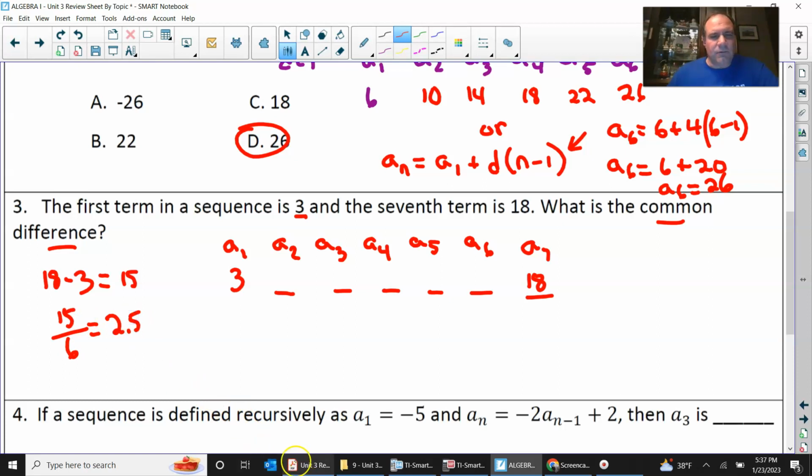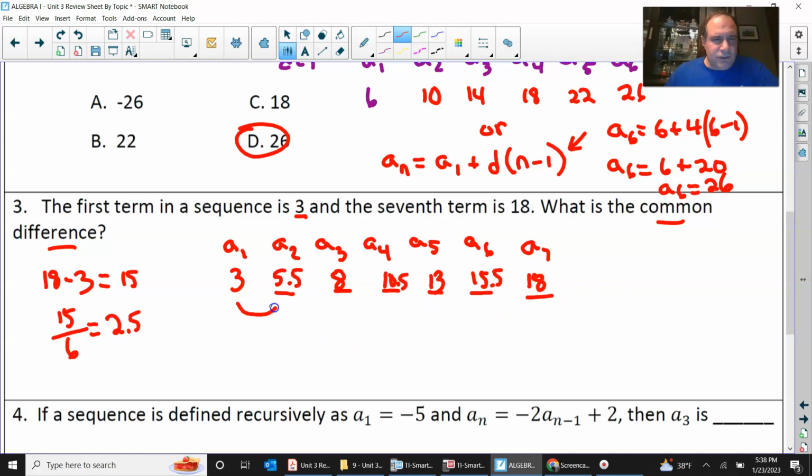If that kind of works out, 3 plus 2.5 is 5.5, then 8, 10.5, 13, 15.5, and 18.